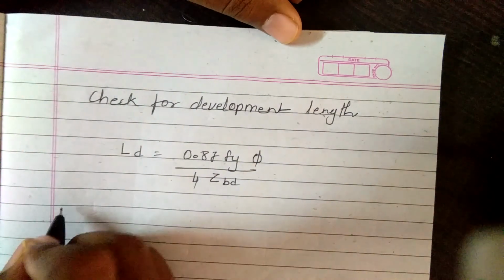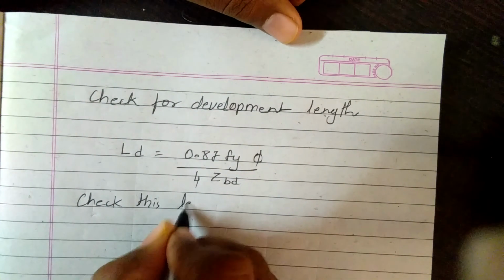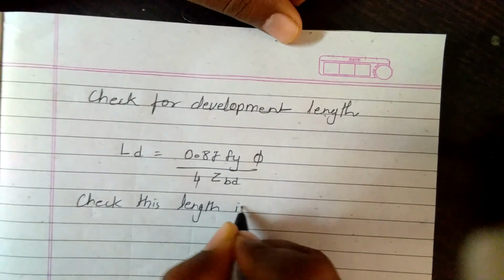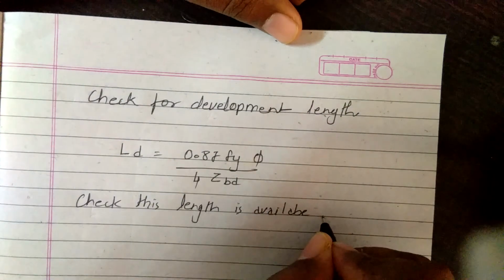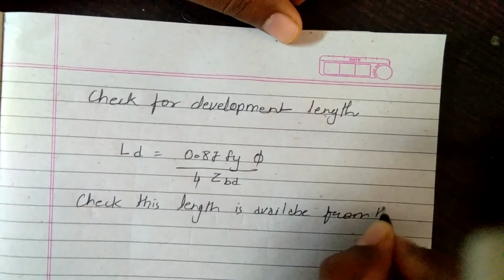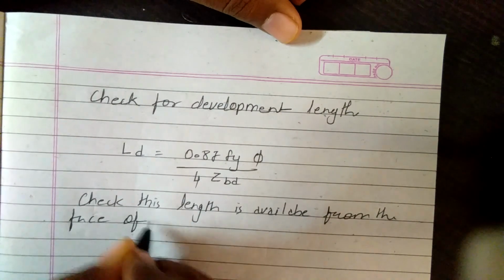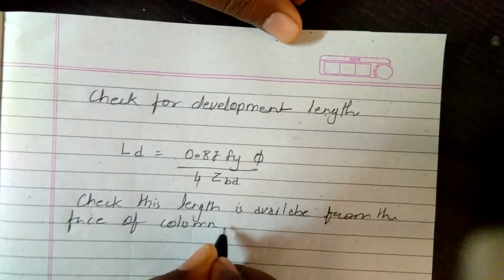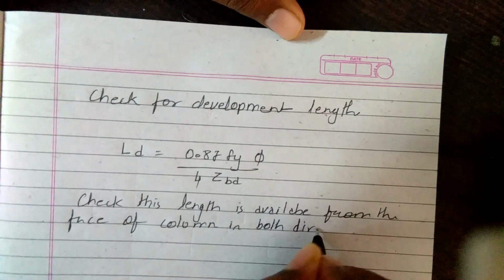Okay, here you will check that the length is available from the face of column in both directions.